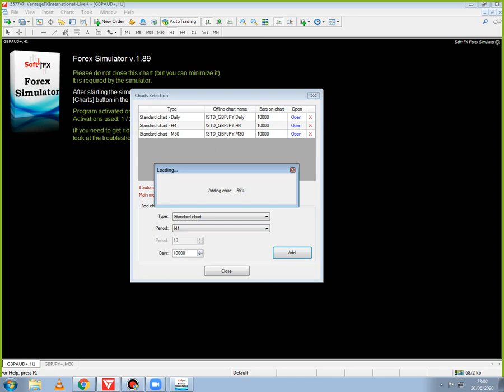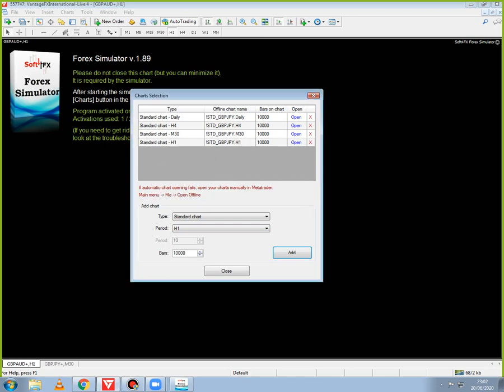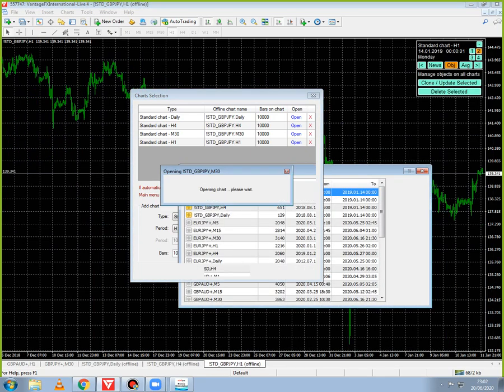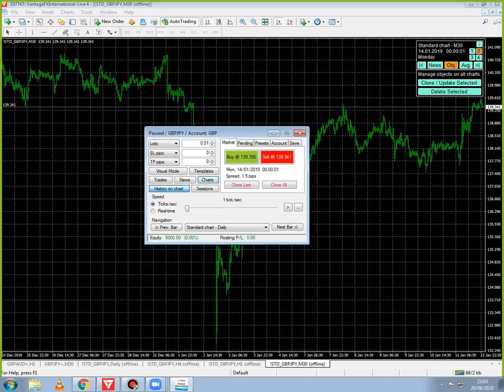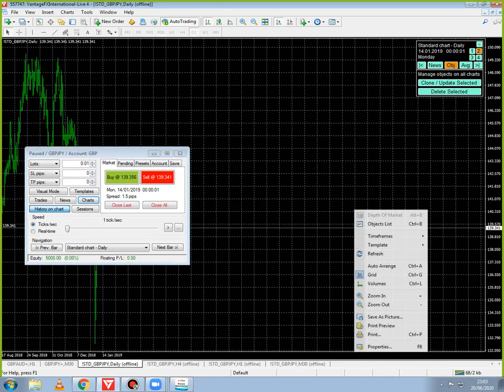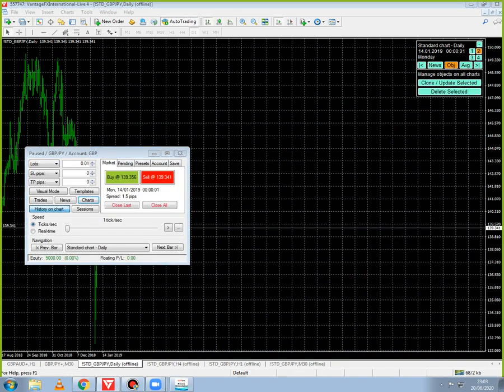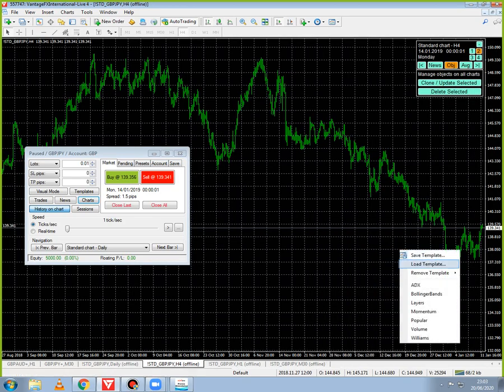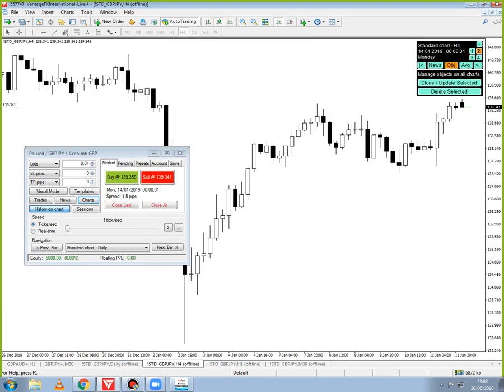Then we're going to load them up, and close that. Let's just sort the template out quickly. I have to do this every time. It's very annoying, but oh well.